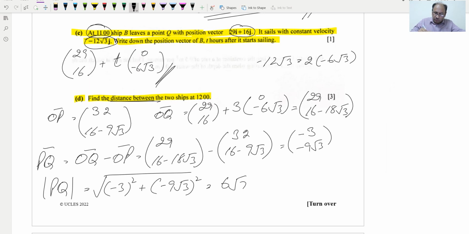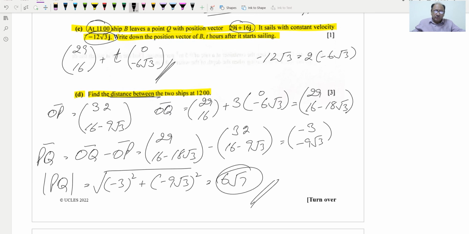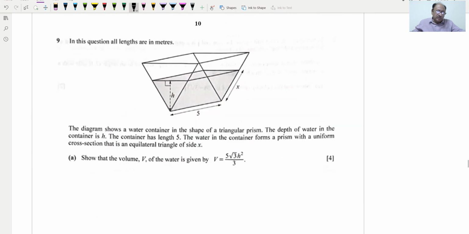So 6 root 7, this will be the final answer. Hopefully you understood this.